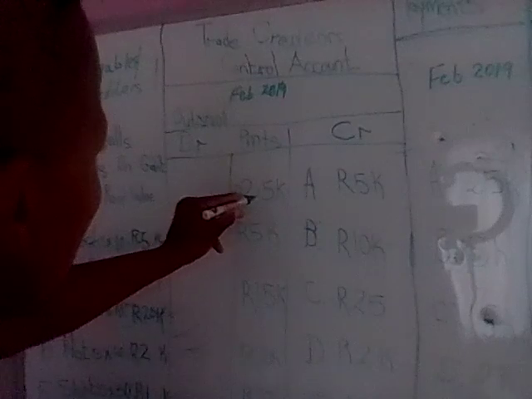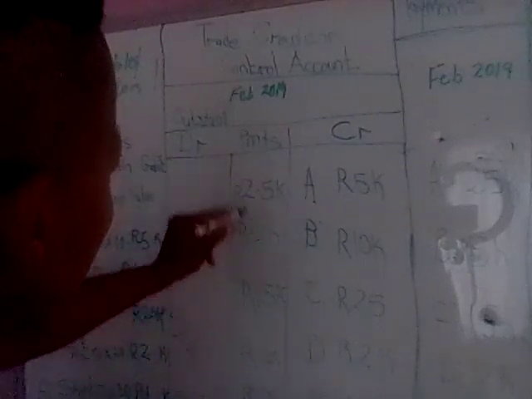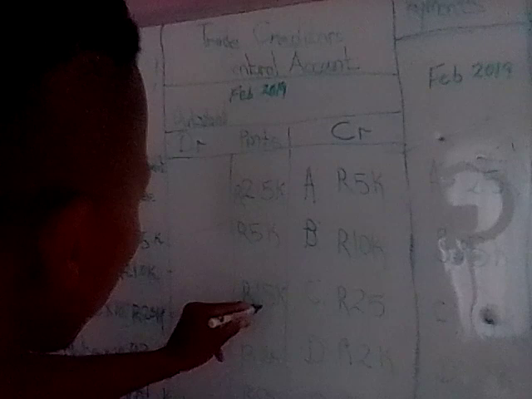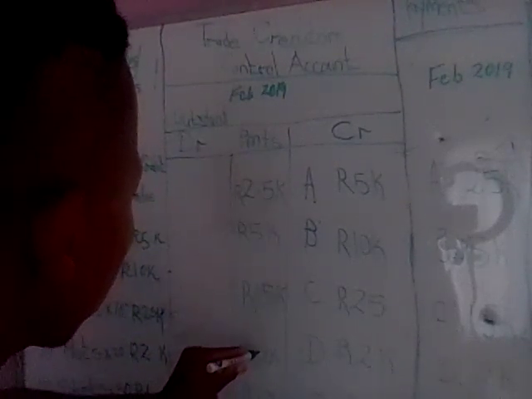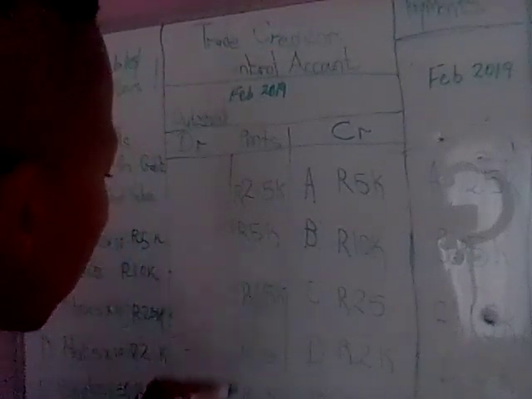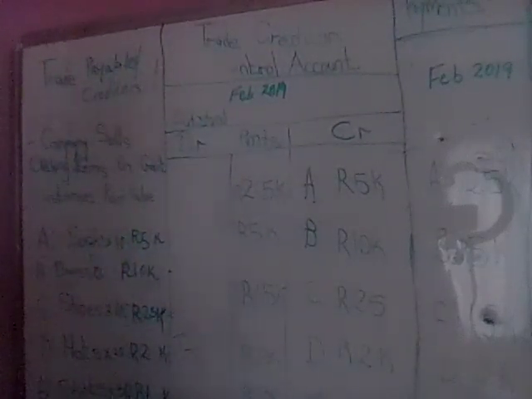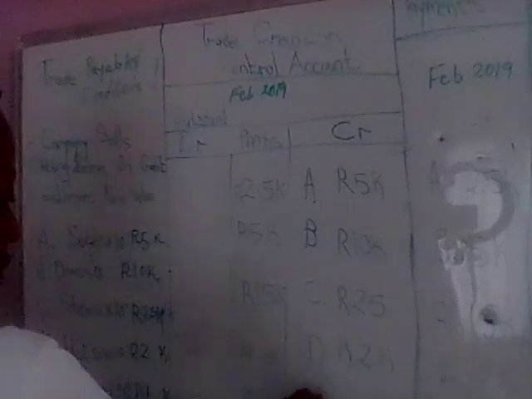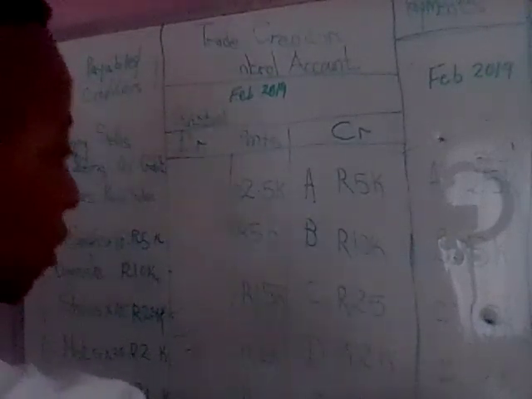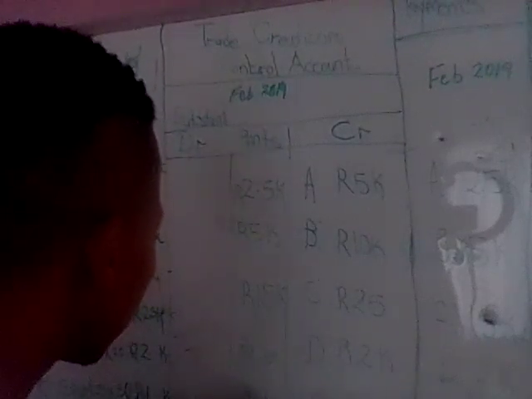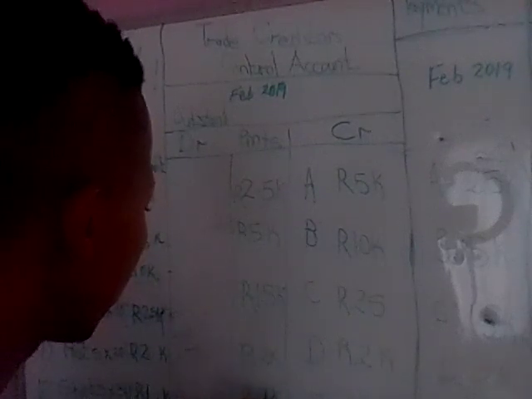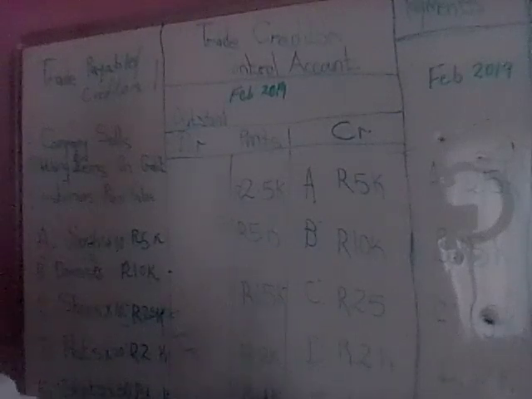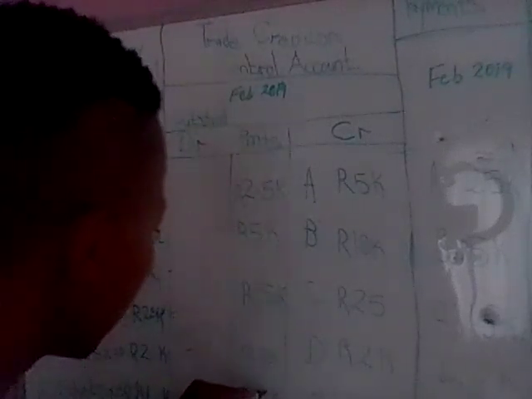So 2.5 plus 5,000 gives us 7.5, plus 1.5, that gives us 9,000 rands, plus 2,000 rands, that gives us 11,000 rands, plus 1,000 rands that was not paid. I missed that, sorry. So E didn't pay, so it shouldn't have been 0. Sorry about that. This is correct.